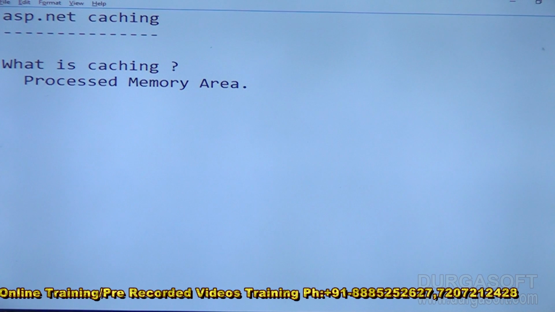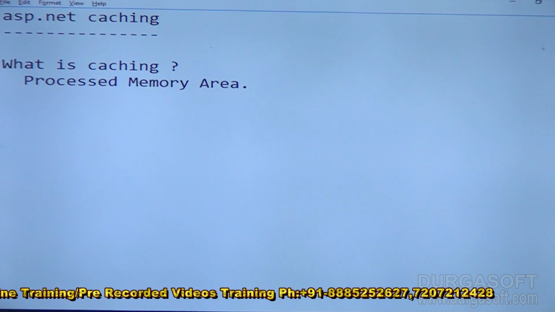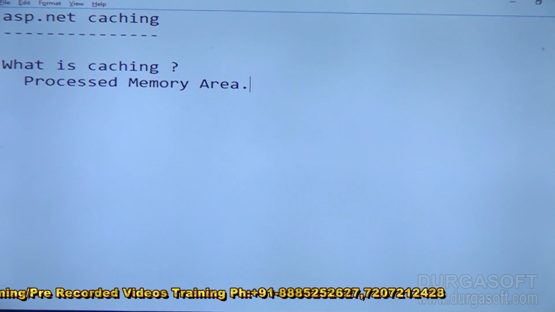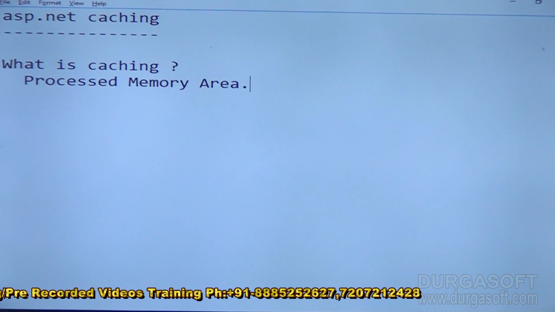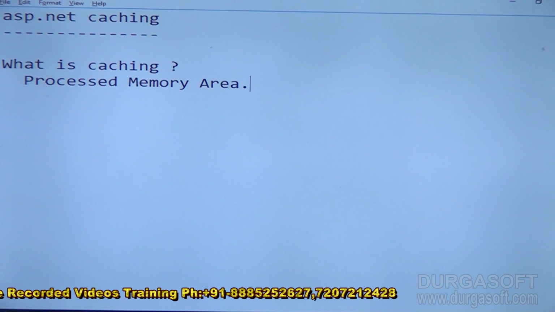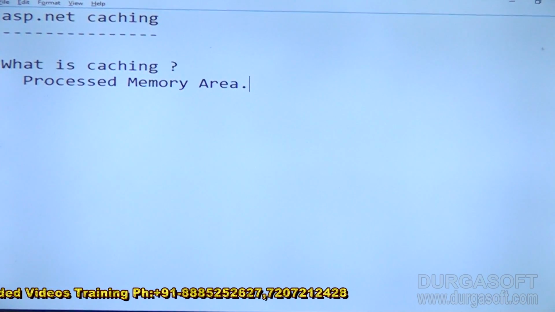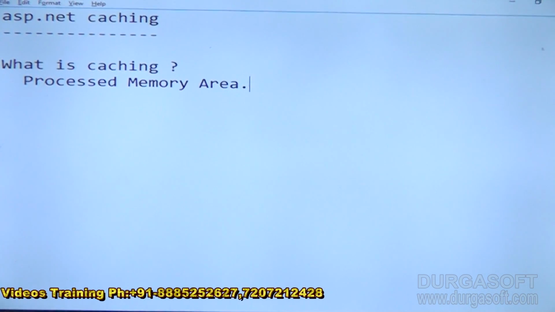See, somebody makes a request, let's say some user XYZ makes a request asking for 10 plus 20 is equal to how much? He's making a request to add two numbers.